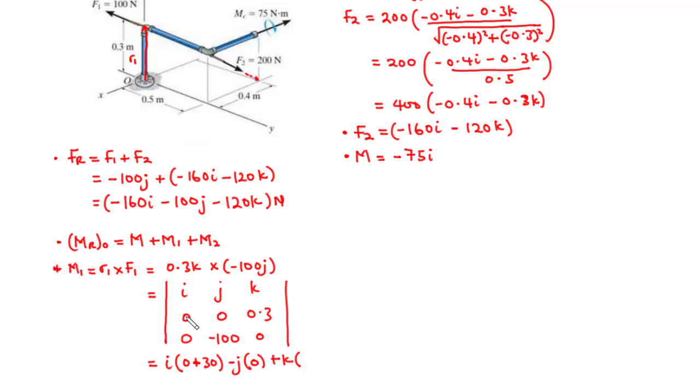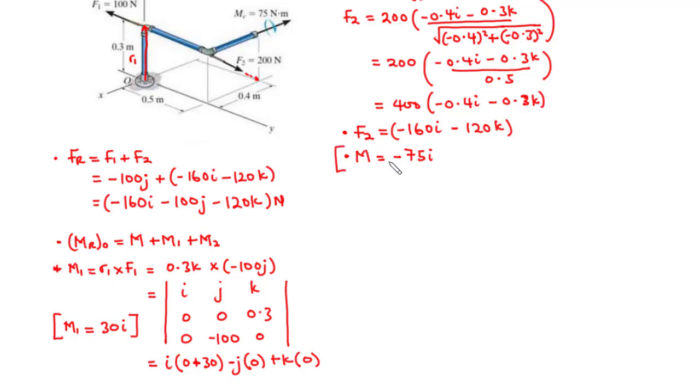Negative 100 times 0 is 0, 0 times 0 is also 0, and then you realize that we have M1 to be equal to 30i. M1 is equal to 30i.